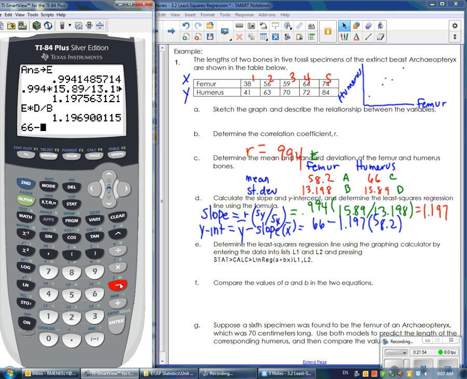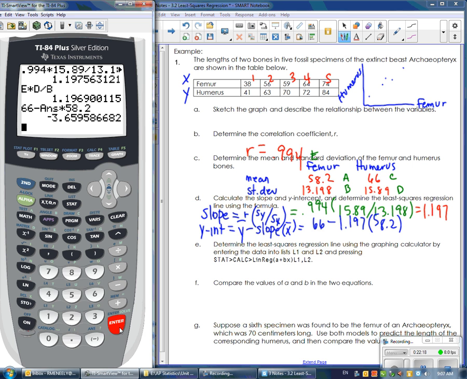And instead of typing in a rounded value, I'm going to use second answer times the mean. Sorry, my calculator is not letting me touch it, which is 58.2. Okay, and so when I press enter, I get a y-intercept of negative 3.